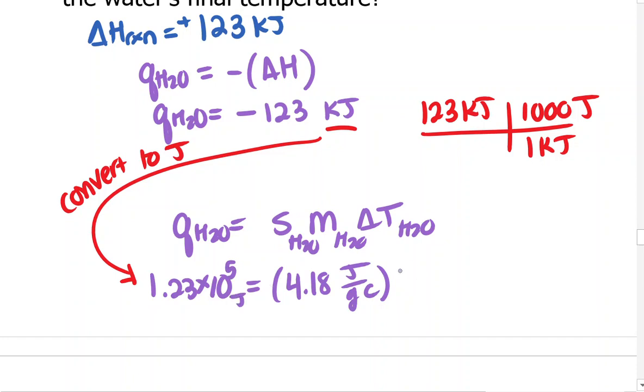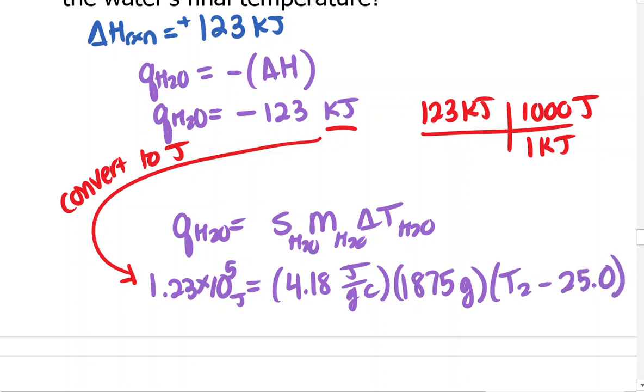Okay, let me fill in the rest of this. I have 1875 grams and a T2 minus 25 for that. I'm going to change color so we can see what's going on.